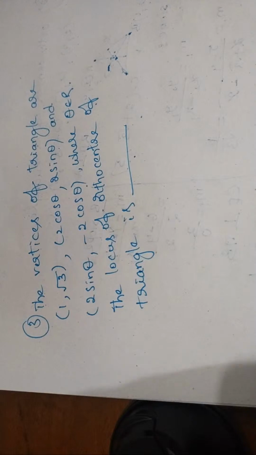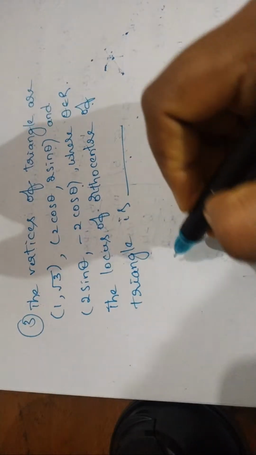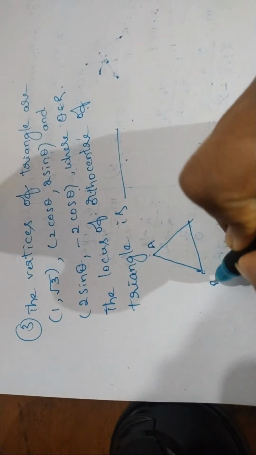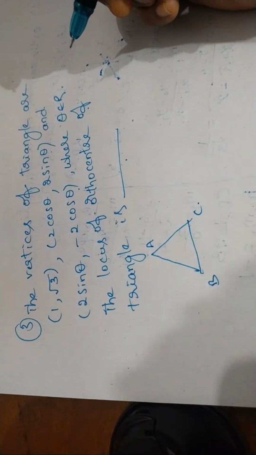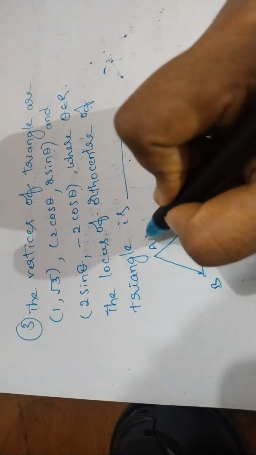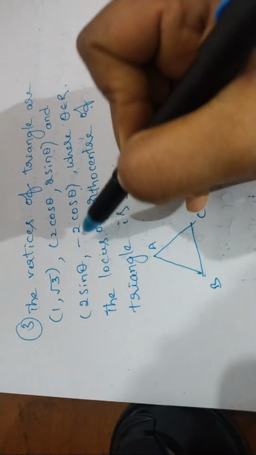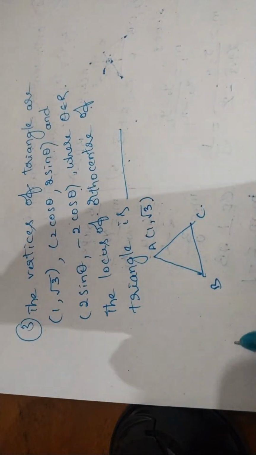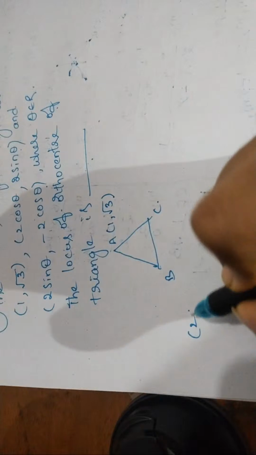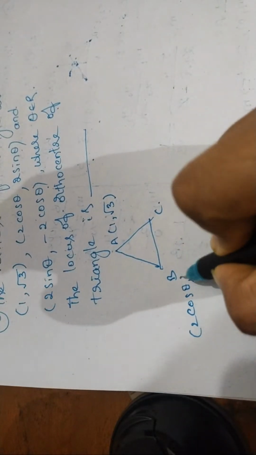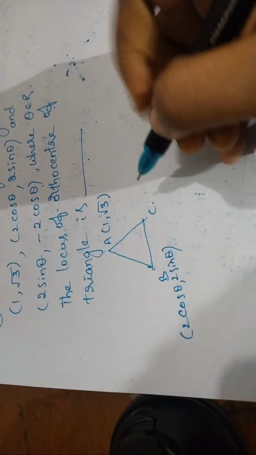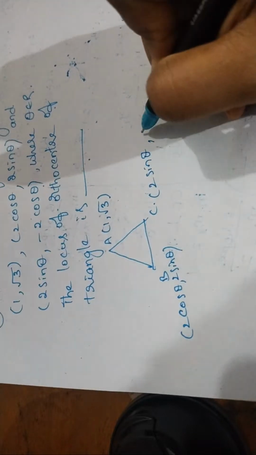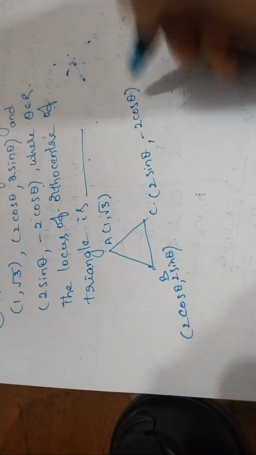So for this, first let us take a triangle having vertices A, B, C. We consider A, B, C to be these points: A is (1, root 3), B is (2 cos theta, 2 sin theta), and C is (2 sin theta, minus 2 cos theta).